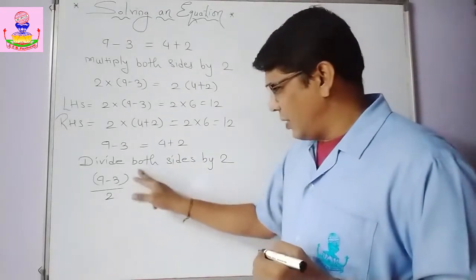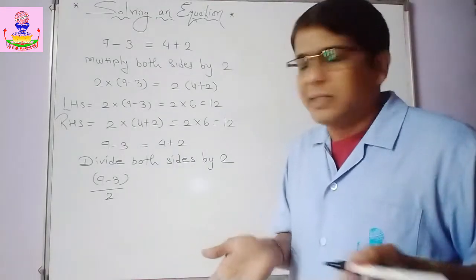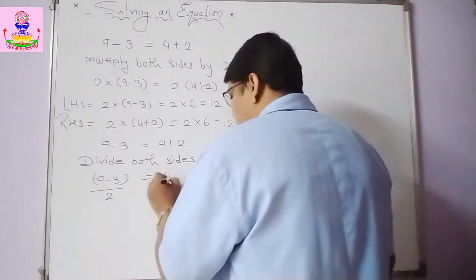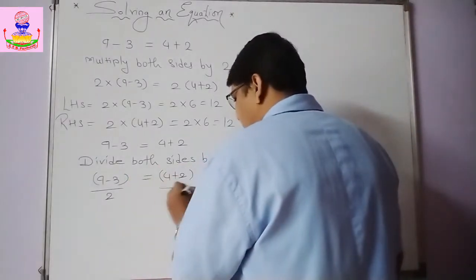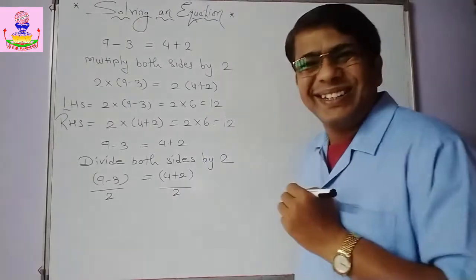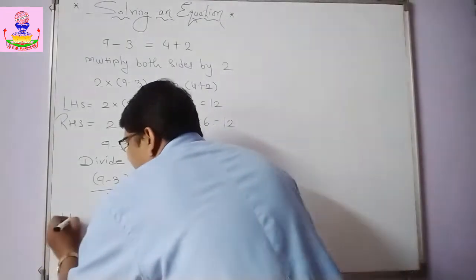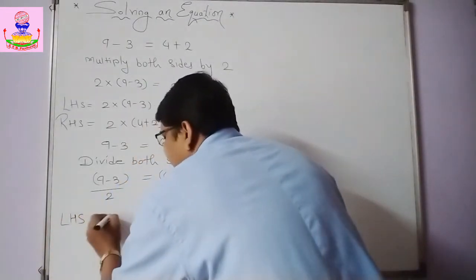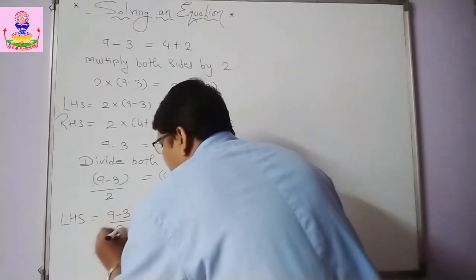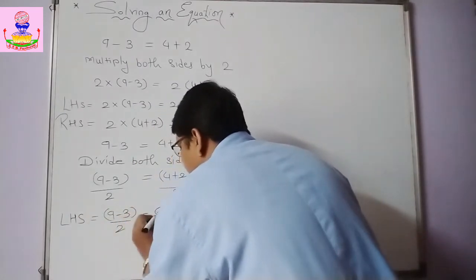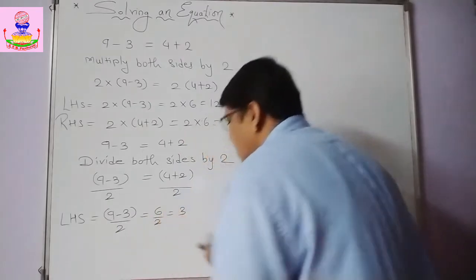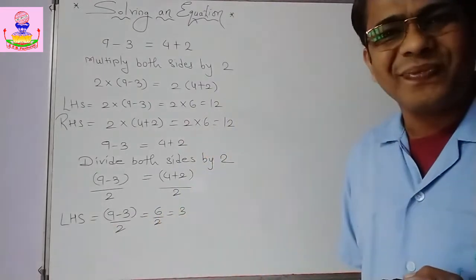You can write here also a division sign and 2, doesn't matter, the meaning is same. 4 plus 2 upon 2. Now let us go for each side. So left hand side, 9 minus 3 upon 2. 9 minus 3 is 6. 6 upon 2 is 3.